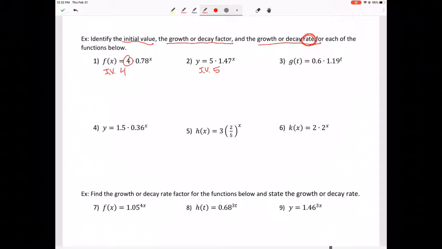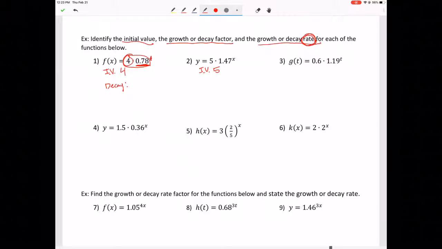Decay or growth factor. With this is our b value. Is that growing or decaying? Is it greater than 1 or less than 1? So since it's less than 1, it would be decay. And that makes sense because if you say, let's just start with x equals 1, you would just basically be multiplying 4 and 0.78, which is like a fraction.